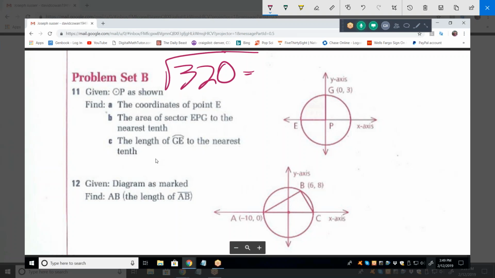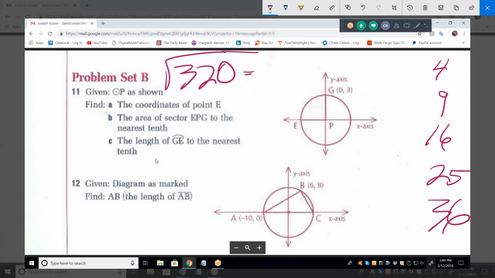What's the next one after 9? 10. No, perfect square number. Oh, perfect square. So 16. Yes. 4, 9, 16, 25, 36. So we're looking for the biggest one we can find that divides into that.